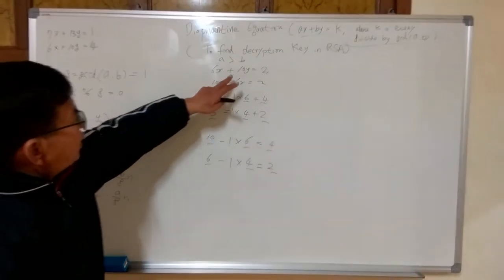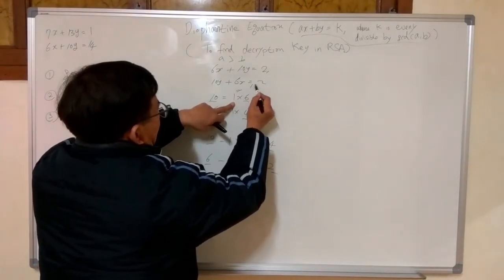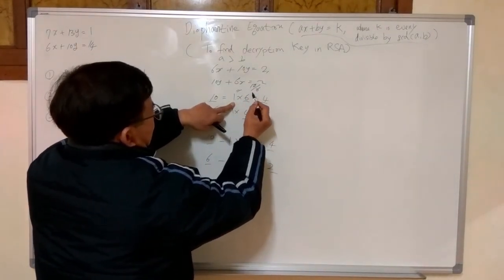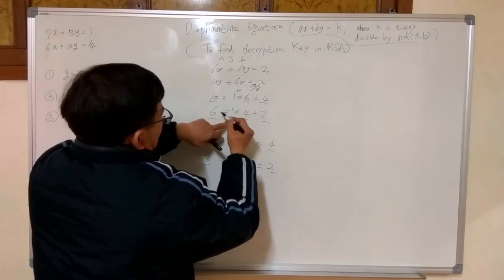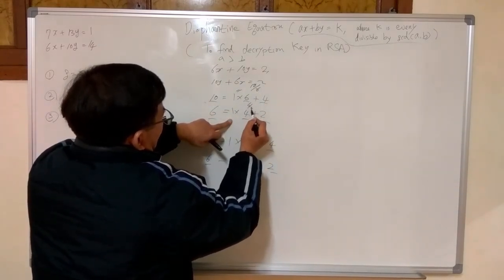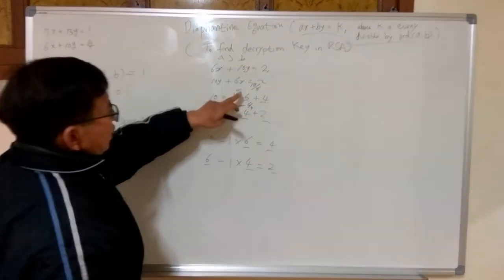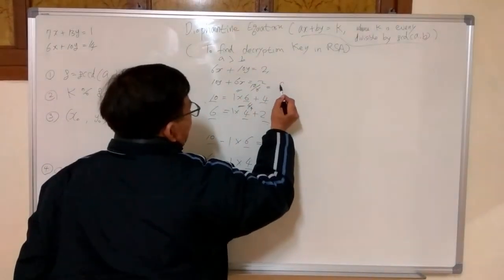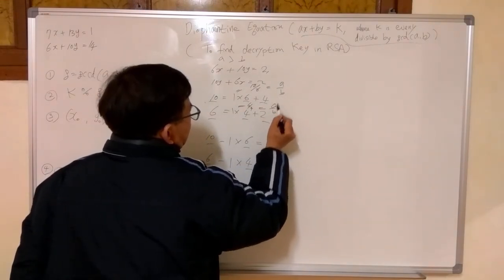Please note that this is the quotient of 10 over 6. This is also the quotient of 6 over 4. It is called A over B, and this is also A over B, A prime.